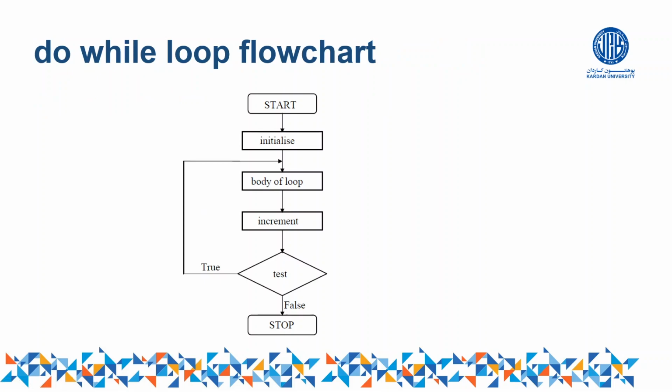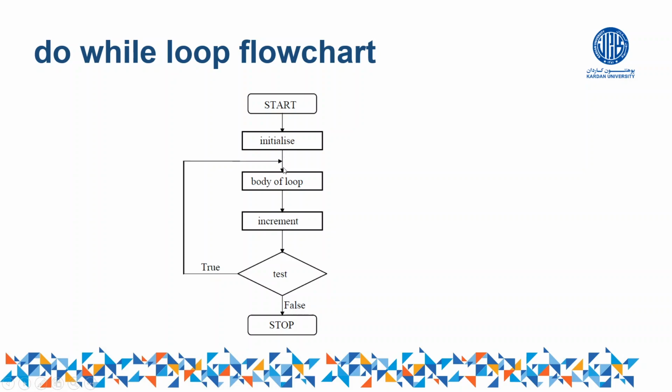So this is the flowchart for the do while loop. Remember, this is quite different from the flowchart of the for loop as well as the while loop. First of all, as usual, we have to initialize the variable. Now, in the while loop we saw there was a condition after the initialization part.